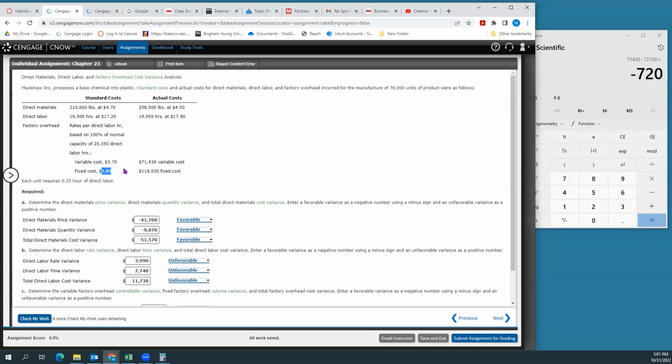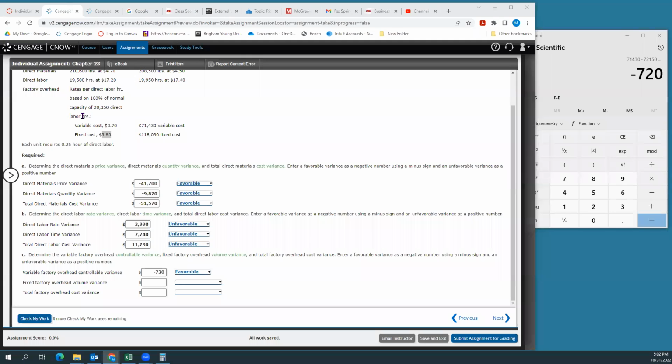So let's think about this one for a moment. It looks like we're going to say the normal capacity is 20,350, and then the standard for the amount that we actually produced is 19,500.